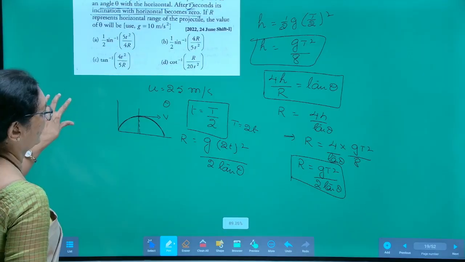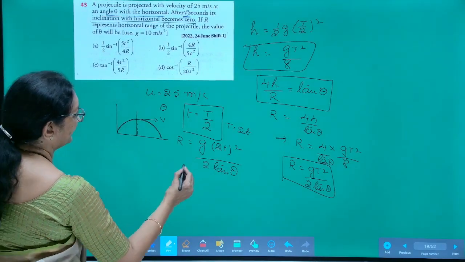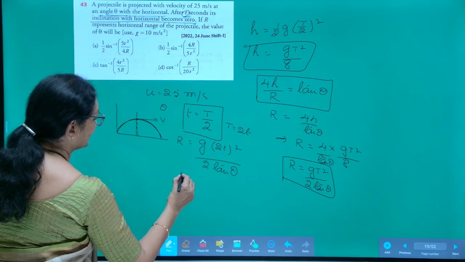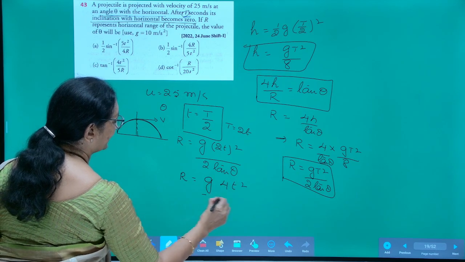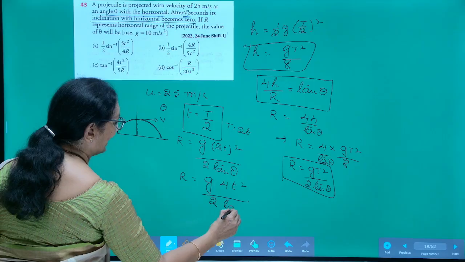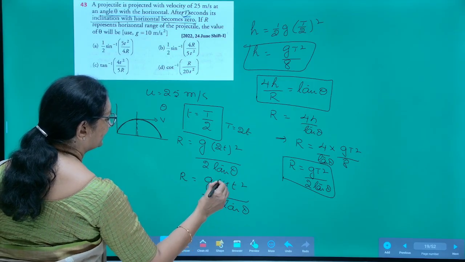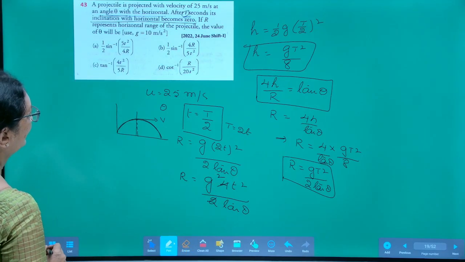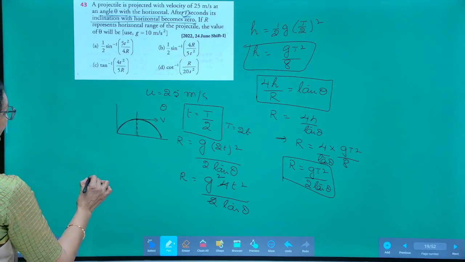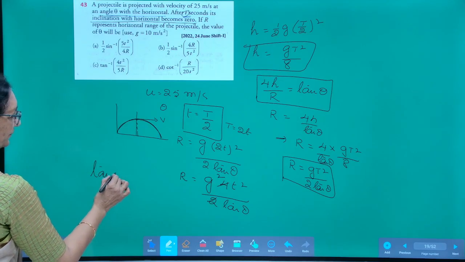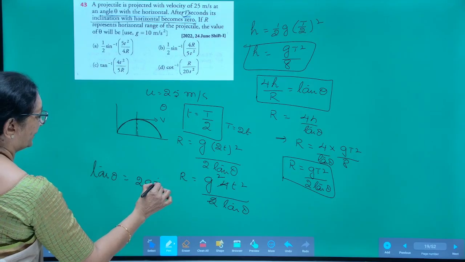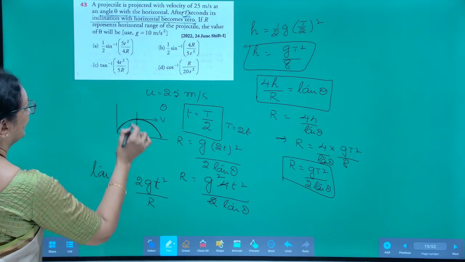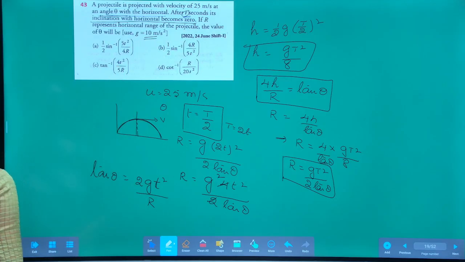Now, look here. From this expression, R is equal to g into 4t square by 2 tan theta. This and this get cancelled, right? So, here tan theta is equal to 2 g t square by R. The value of g is given as 10 meter per second square.